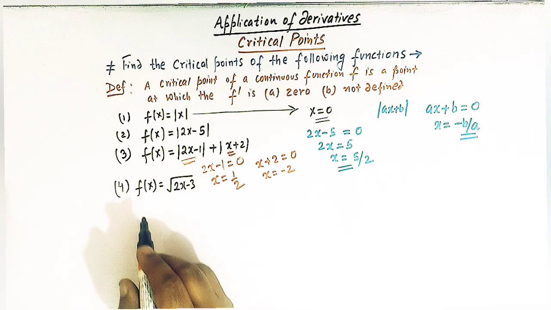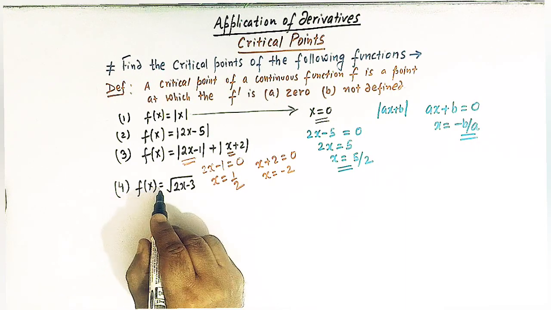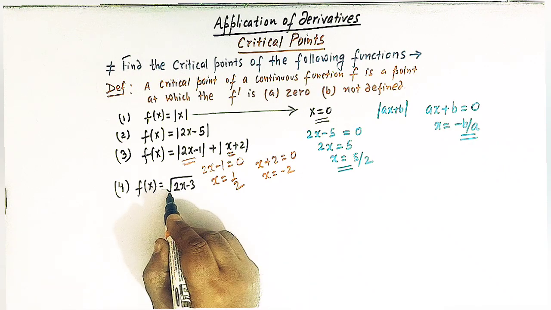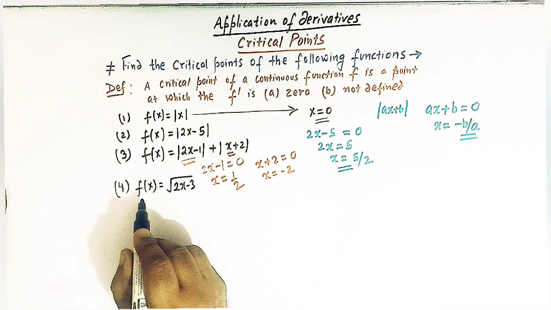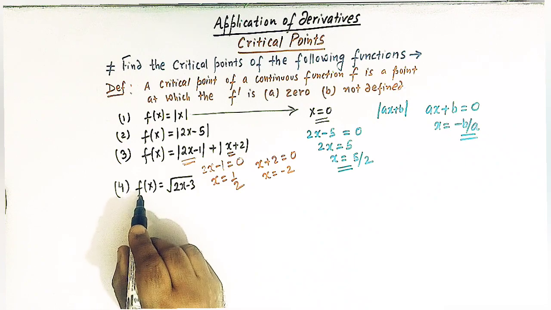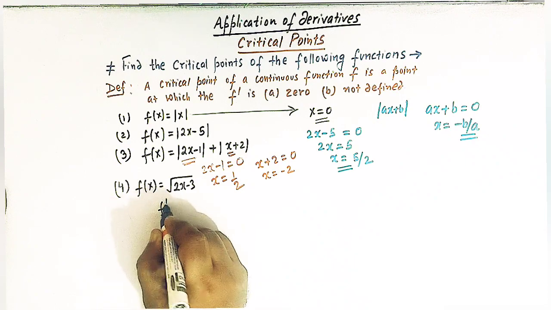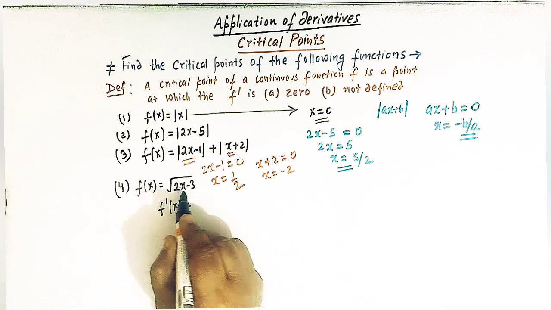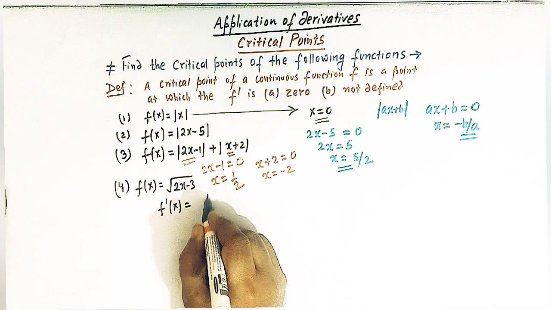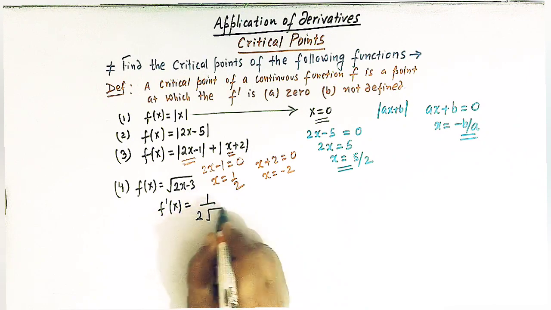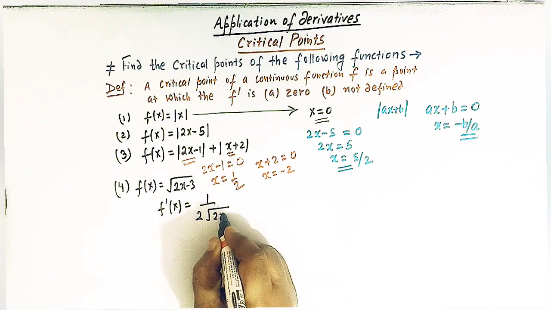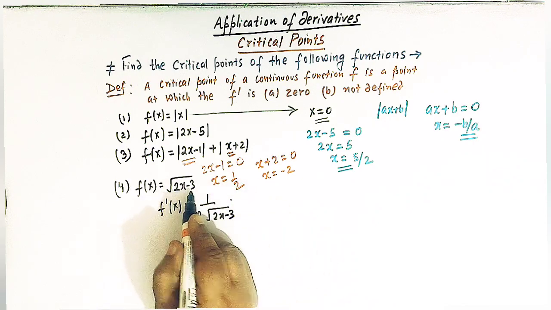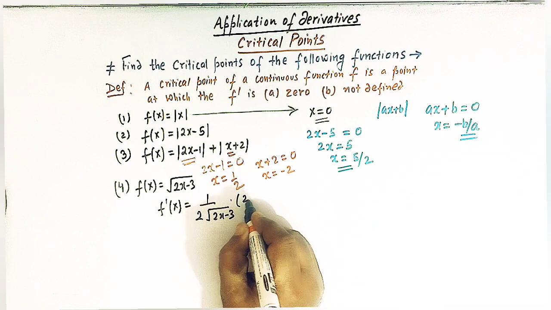Now let us consider this function, that is f of x is equal to square root of 2x minus 3. So here we have a square root function. So let us find out the derivative of this function, that is f prime of x. So the derivative of square root of 2x minus 3 is 1 over 2 times square root of 2x minus 3, and then by chain rule the derivative of 2x minus 3 is simply 2.